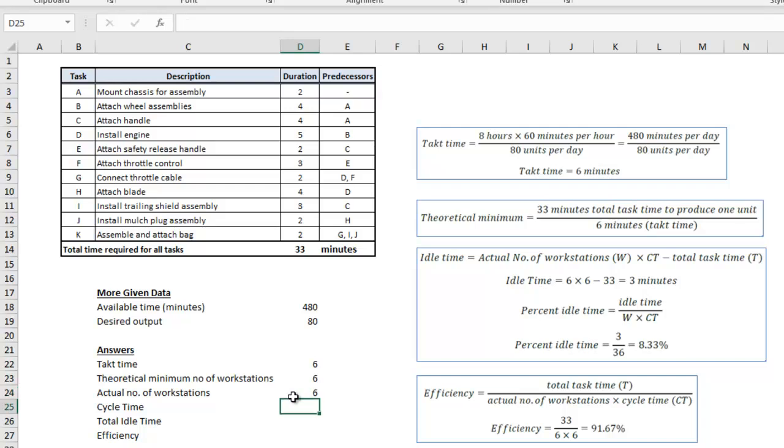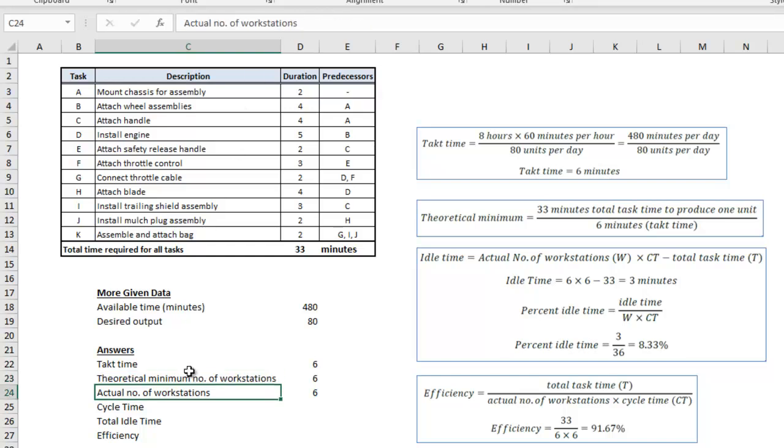Now sometimes when you do these kinds of problems, the actual number of workstations will be greater than the theoretical minimum number of workstations. If that's the case, we must use the actual number of workstations for purposes of these subsequent calculations.